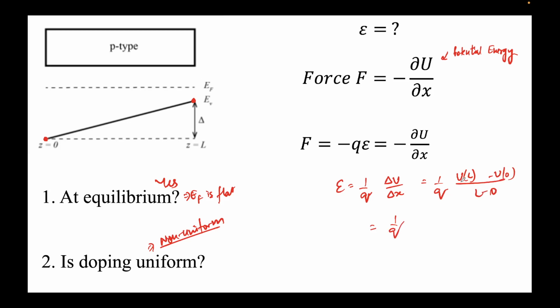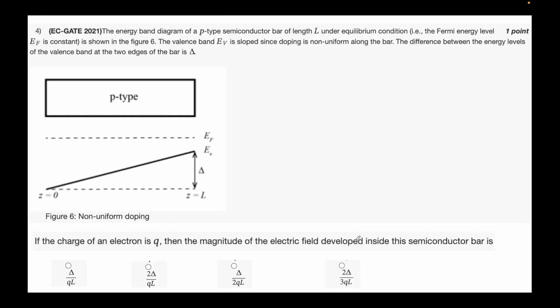The difference between them is given to be delta. So delta by L. So the electric field has come out to be 1 over Q times delta by L. So we pick the first option, delta by QL.